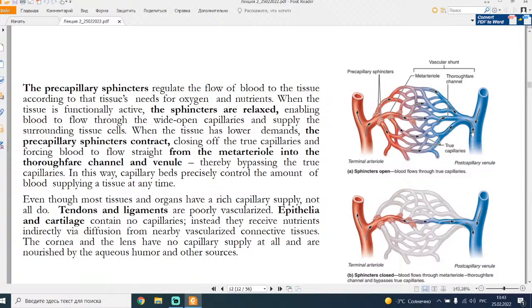This way, capillary beds precisely control the amount of blood supplying tissue at any time.